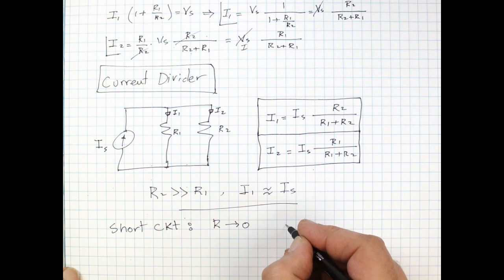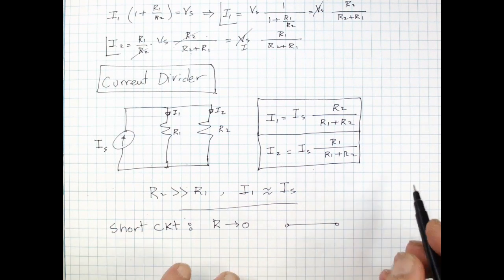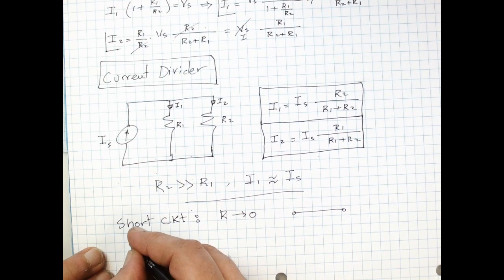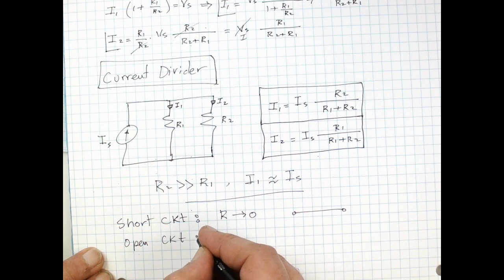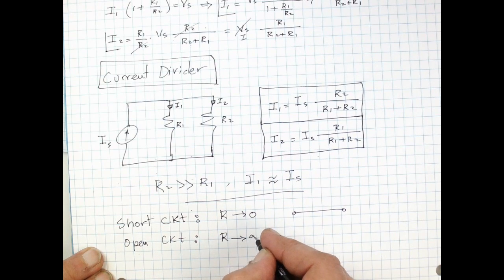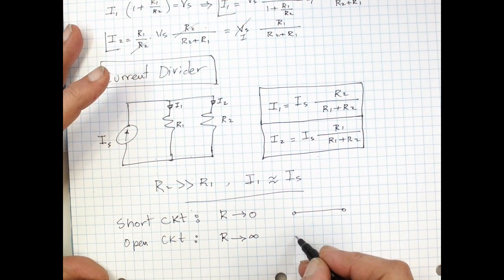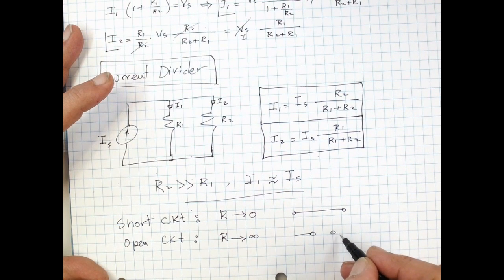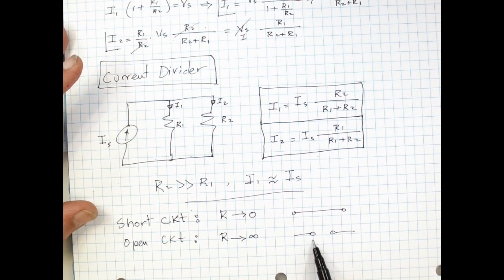So a short circuit essentially means between two nodes you have no resistance. And an open circuit means that the resistance essentially is infinity across those terminals. An open circuit is usually denoted by essentially a broken terminal.